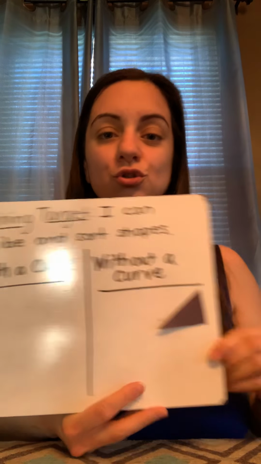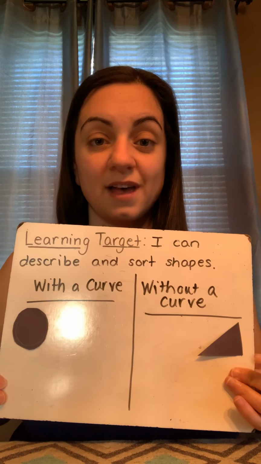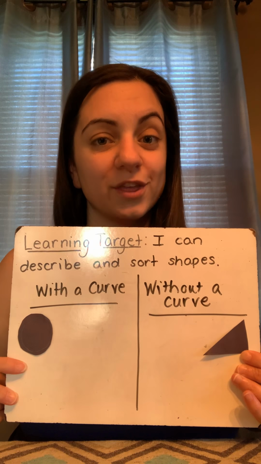It is with the curve because a circle has all rounded parts. All right. Let's get that right on there so we can move along to our next one. Triangle without a curve, circle with a curve.